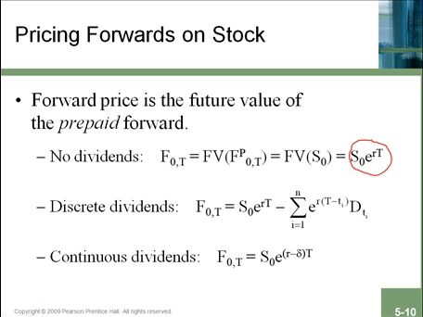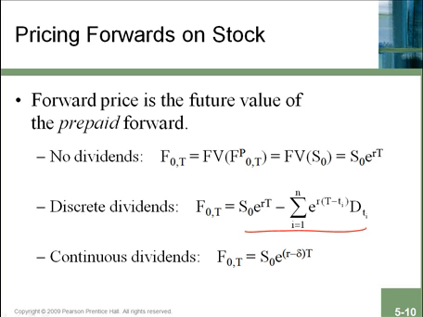If the stock paid dividends discretely, that is, at certain points in time, then we would take the pricing formula for a prepaid forward, multiply it by the same factor, e to the RT, and this is what we would end up with.